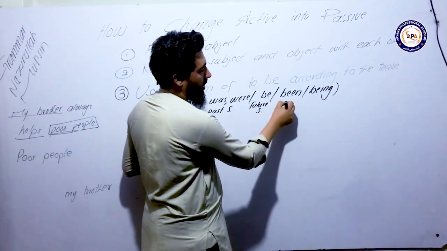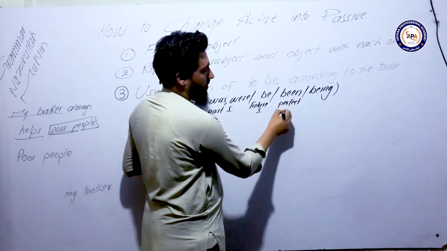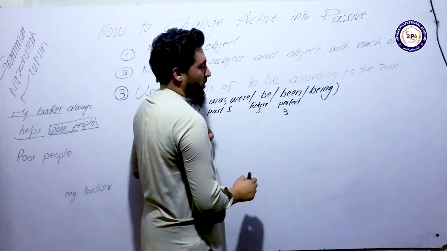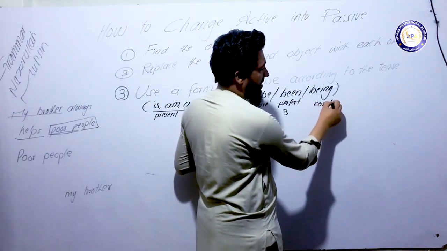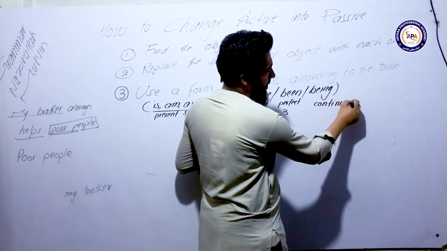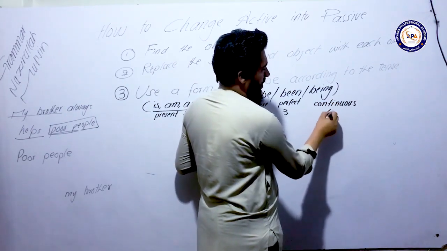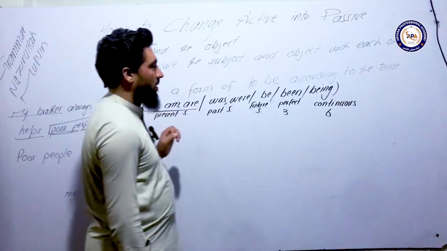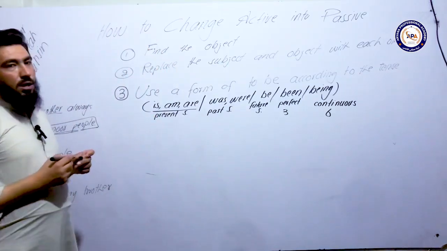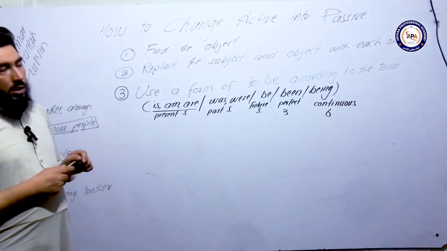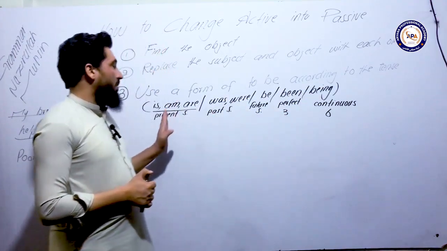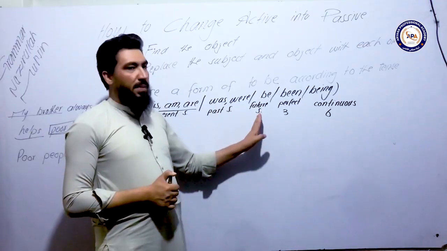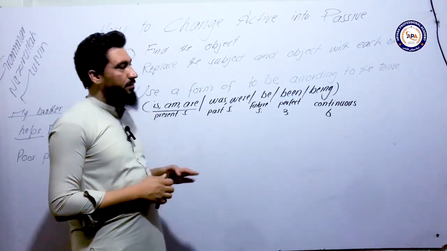Been is used in all the perfect tenses, which are 3 in number. And being is used in all the continuous tenses, which are 6 in number. Continuous tenses take being, perfect tenses take been. Is, am, are for present simple, was, were for past simple, be for future simple.